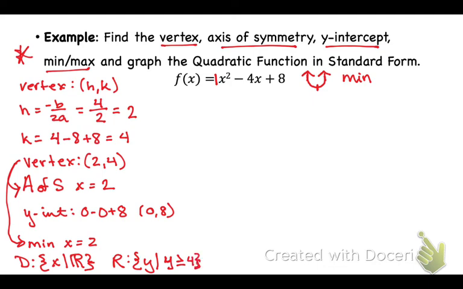Okay. So now it says to graph. So do I have plenty of stuff to graph? Yes.